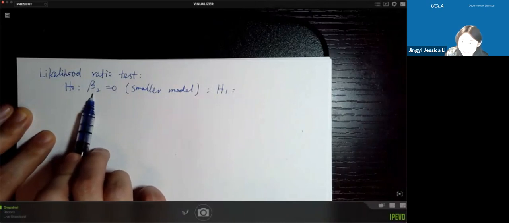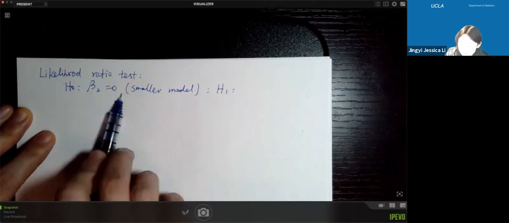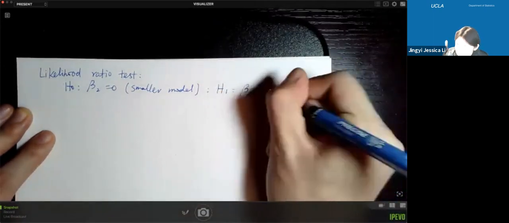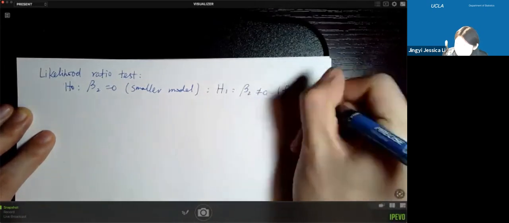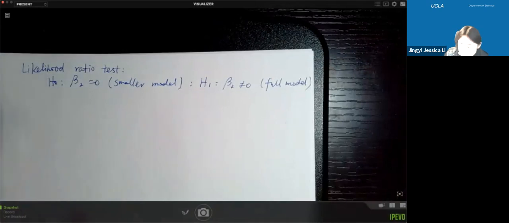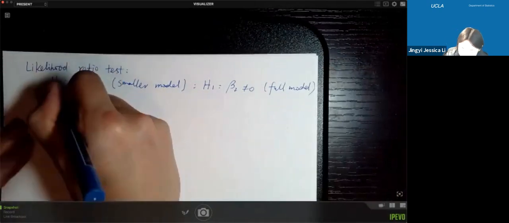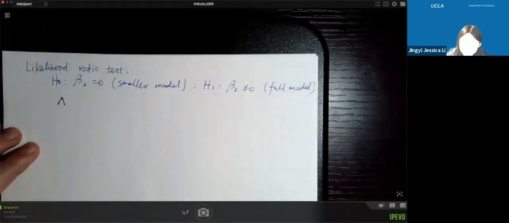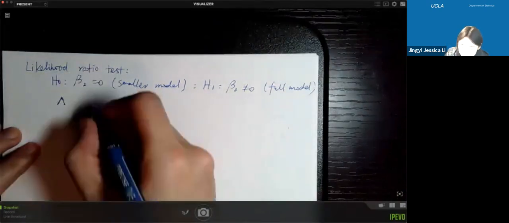They do not have effect, so we can remove them. Versus when we say beta 2 is not equal to 0, this can be considered as the full model. This is our starting point. Then the likelihood ratio statistic, we use this capital lambda, a Greek letter.